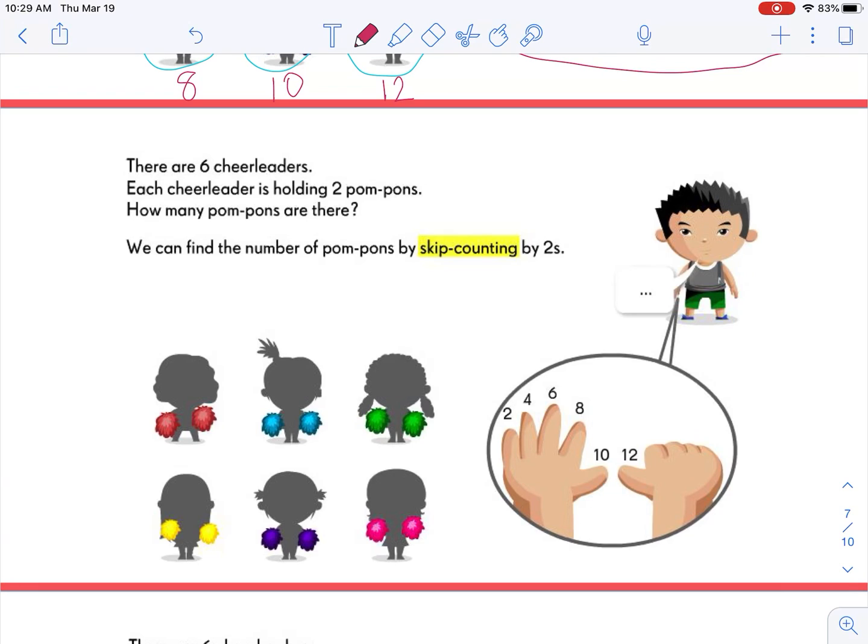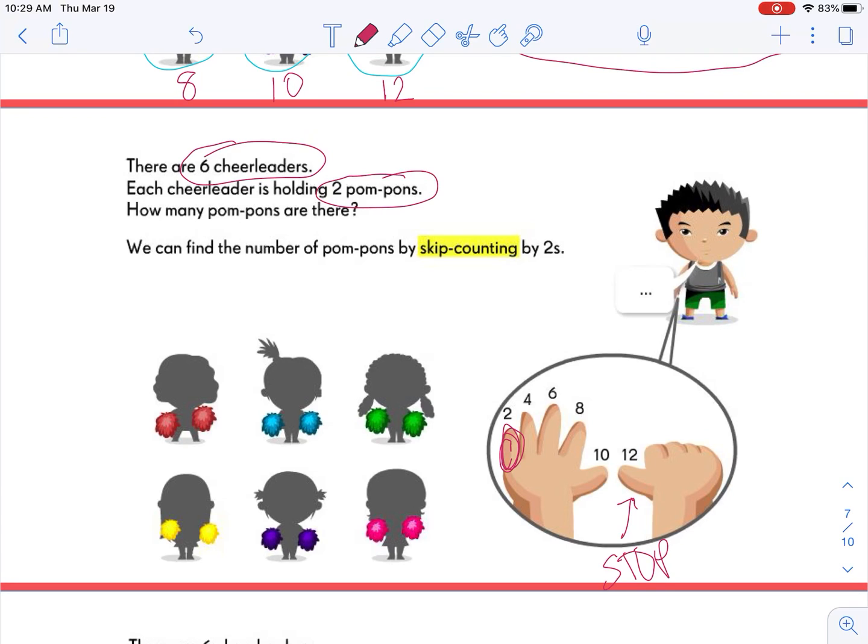Now I want you to put up your pinky finger first on your left hand. That's this finger right here. And we're going to stop when we put up 6 fingers because there are 6 cheerleaders. So we're going to count by 2 6 times. I'm going to stop at the 6th finger.